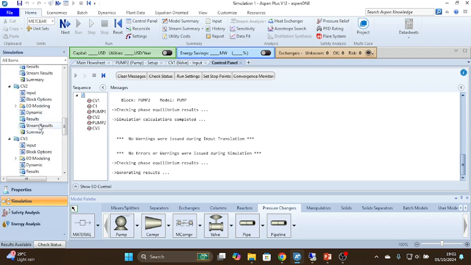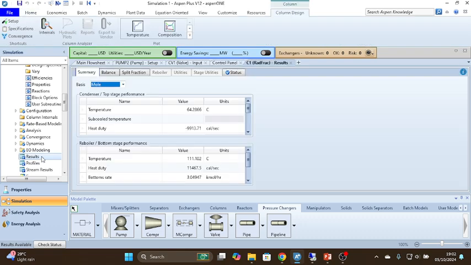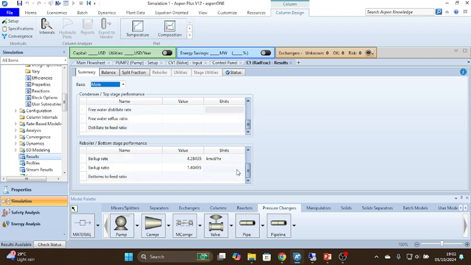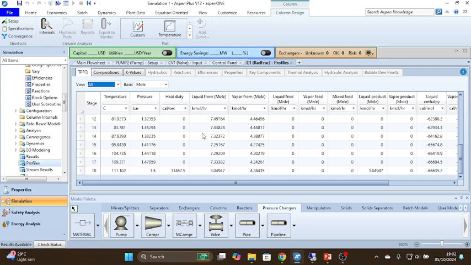We are going to go and check the results for column 1. So these are the results. You can see that the pressure is varying.